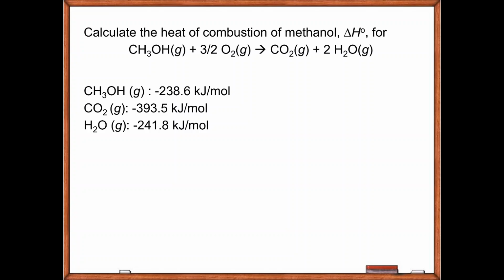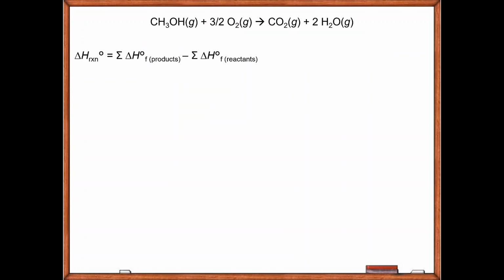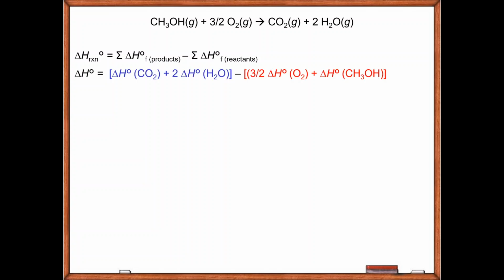Hopefully you were able to get this one. Let's go over it real quick. Remember, we're using the direct method, so we want to use our delta H equation. Looks like they've balanced this already for us, but make sure you double check that. One handy thing is to write out the equation like this, without actually putting values to it.